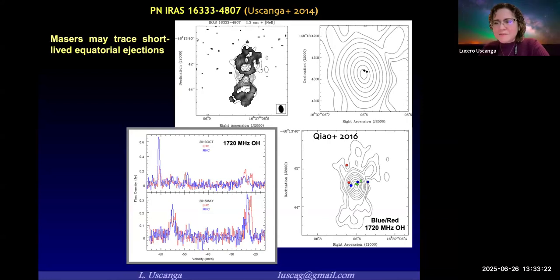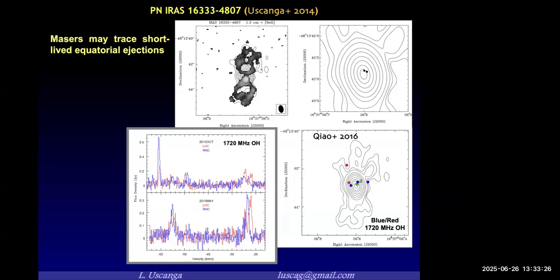Michael? Hi, Lucero. Thank you so much. It was really interesting. Just on this slide, this is 1720 megahertz OH masers. Are these common in AGB stars? And is that then some shocks from some expanding shells?